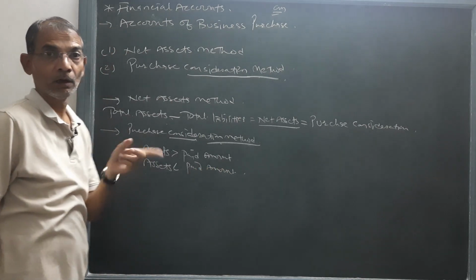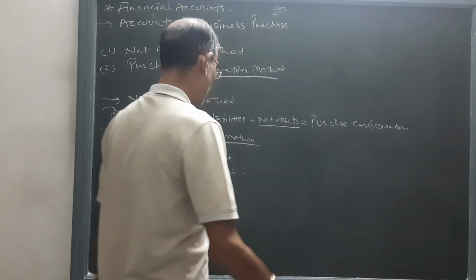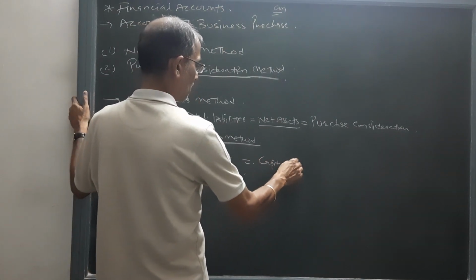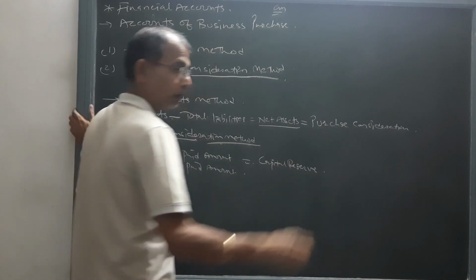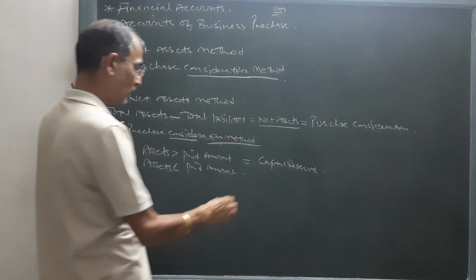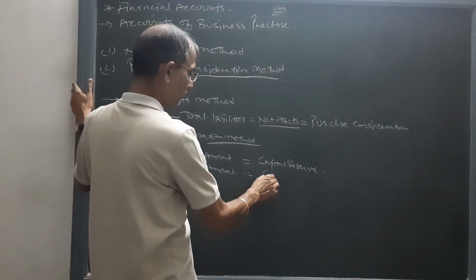If assets are more than the paid amount, then the difference is written as capital reserve. If assets are less than the paid amount, then it is written as goodwill.